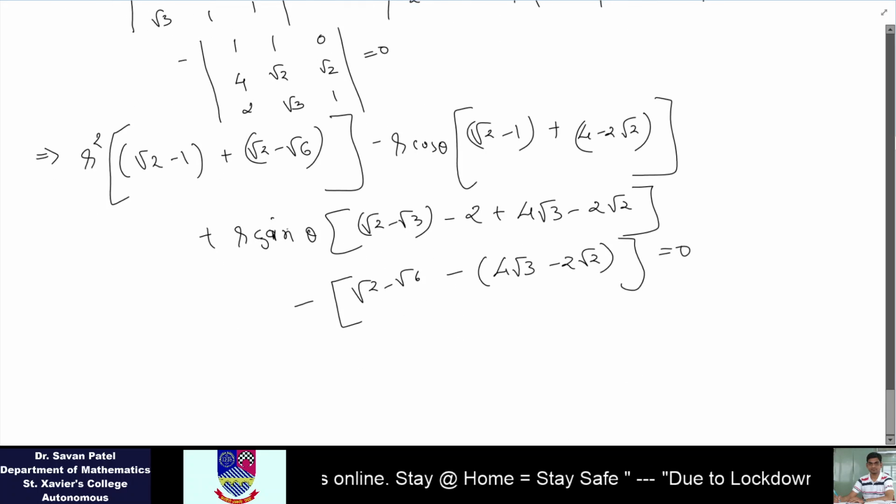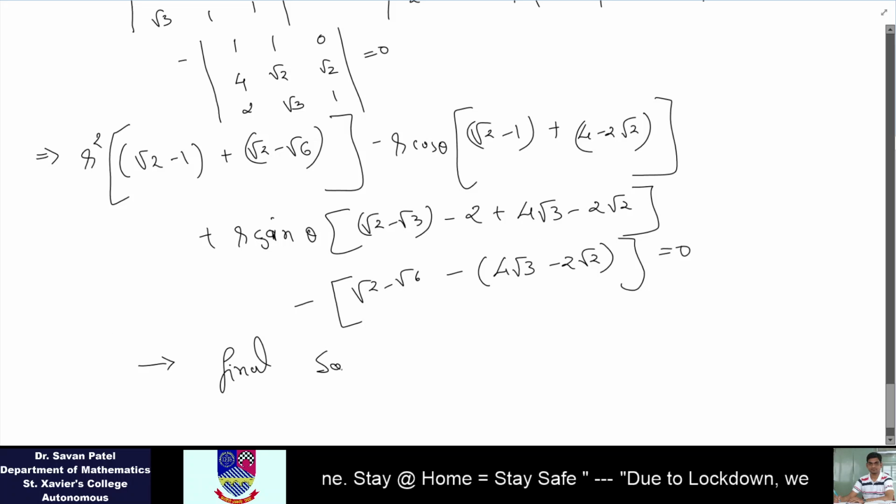If it is possible to simplify, you simplify, and this is our final solution. Okay, this is our required polar equation of the circle.